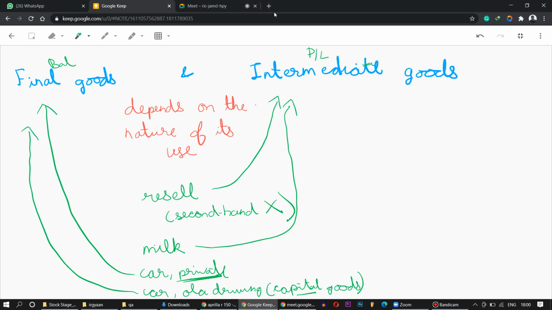Anyways, how can we identify more of these? Sometimes stock is there, right? In the book, it was mentioned: if cloth lying unsold with a trader at the end of the accounting year, it comes in the balance sheet as the ending stock. The closing stock will also come under final capital good.